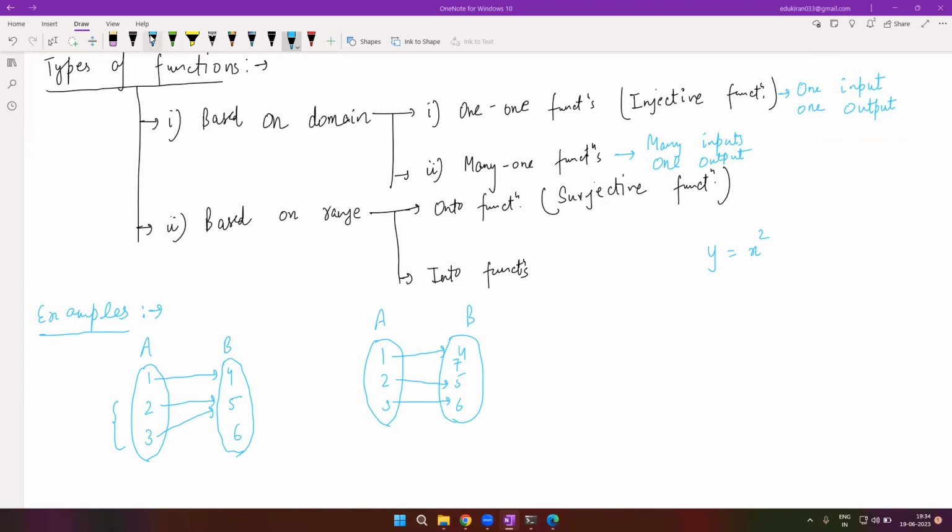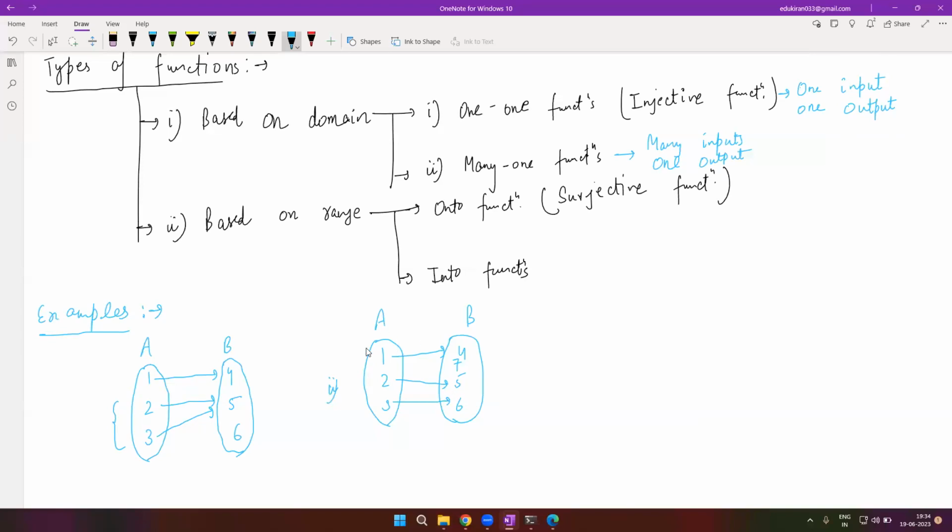Okay, chalo. Let's come to the next thing now. Let's come to onto and into. Now we are saying that these two depend on your range. So let's understand it like this first. This is a function or a relation we are trying to form on two sets. I'm talking about this second example right now.